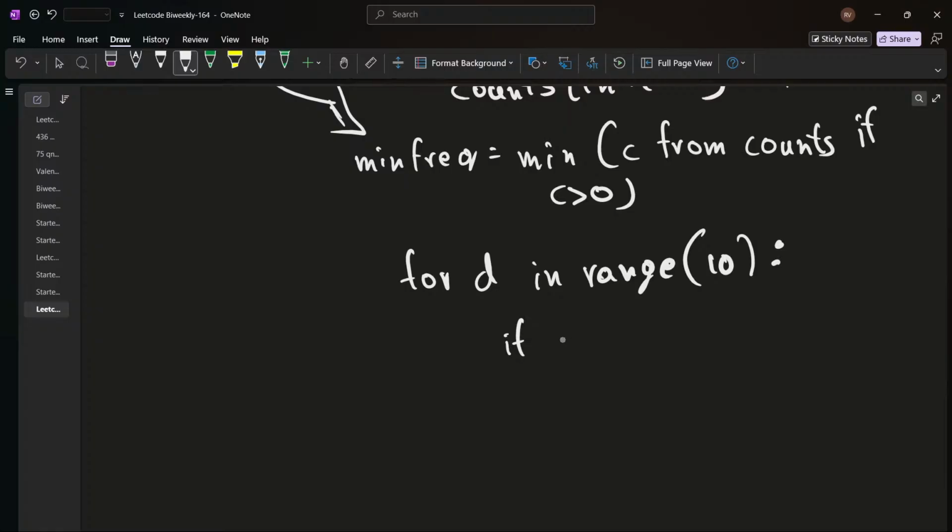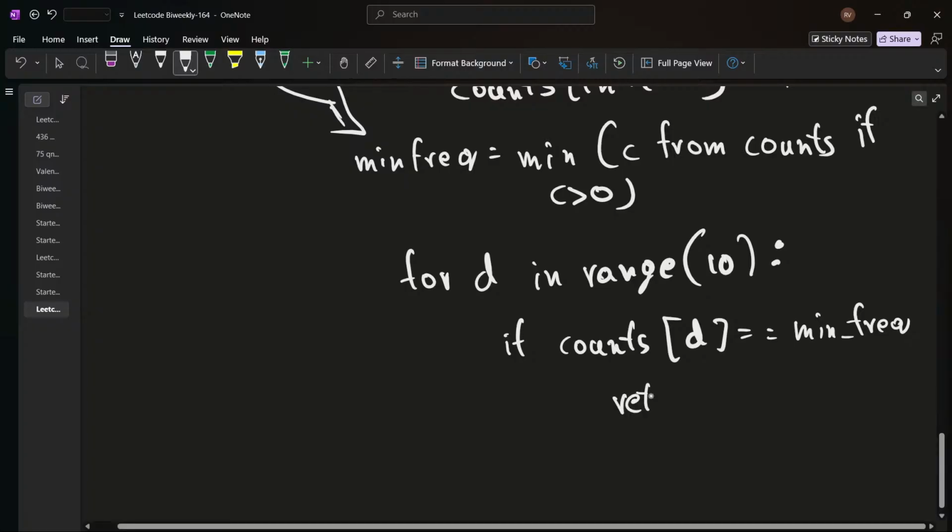We'll put a condition: if counts of D is equal to minimum frequency, we'll return D. That's all basically. Return D. That is basically our code.